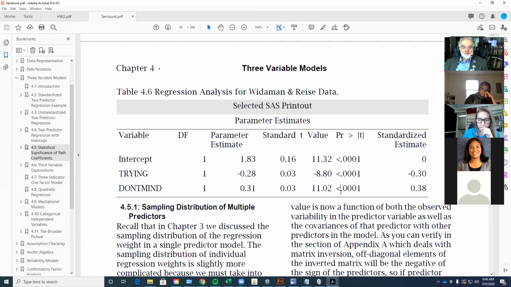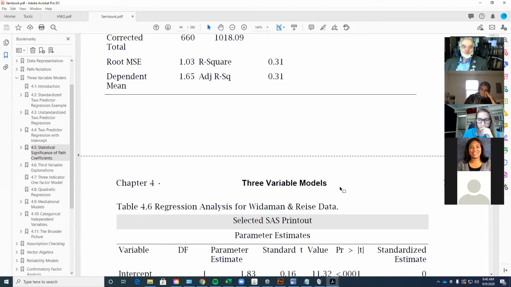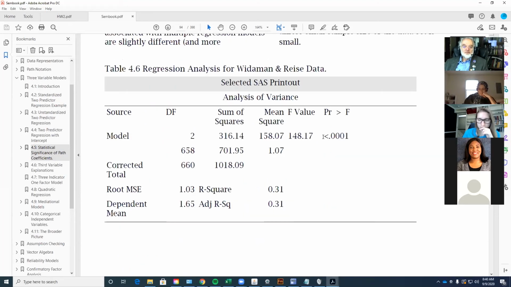Well, let's rehearse a little bit about this. What does this statistical significance mean? Well, I have two predictors in my model. This F statistic answers the question: is the predicted variance in Y based on these two predictors appreciably different than 0?